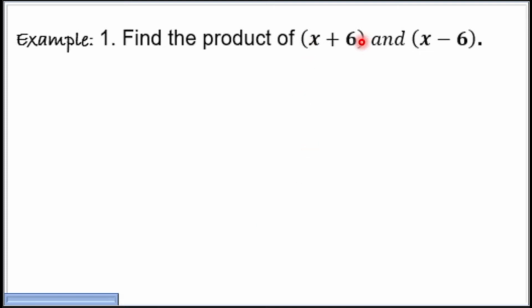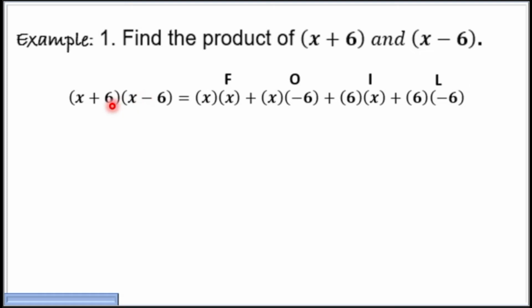Another example, x plus 6 and x minus 6. So plus or minus, and they are the same, first term, second term. Okay? So we have the FOIL method we used earlier: x times x, first term; x times negative 6, outer; plus inner term 6 times x; plus last term 6 times negative 6.